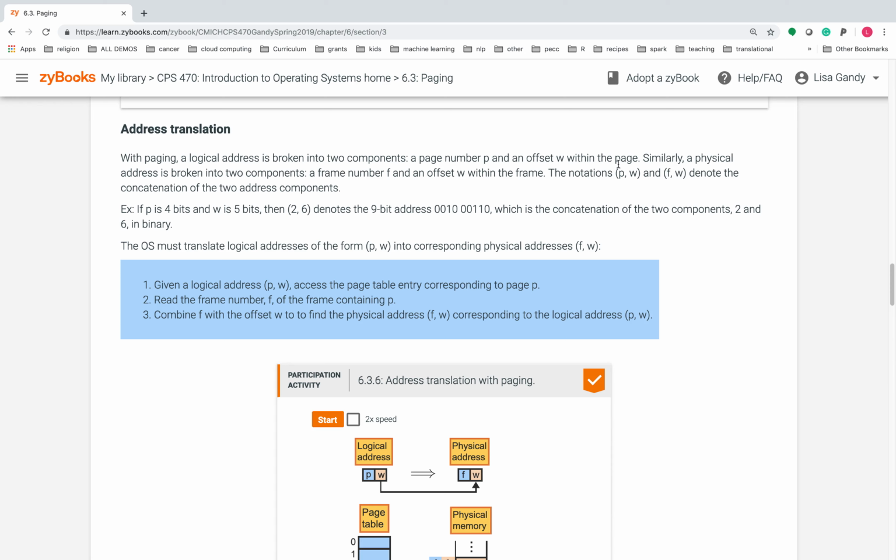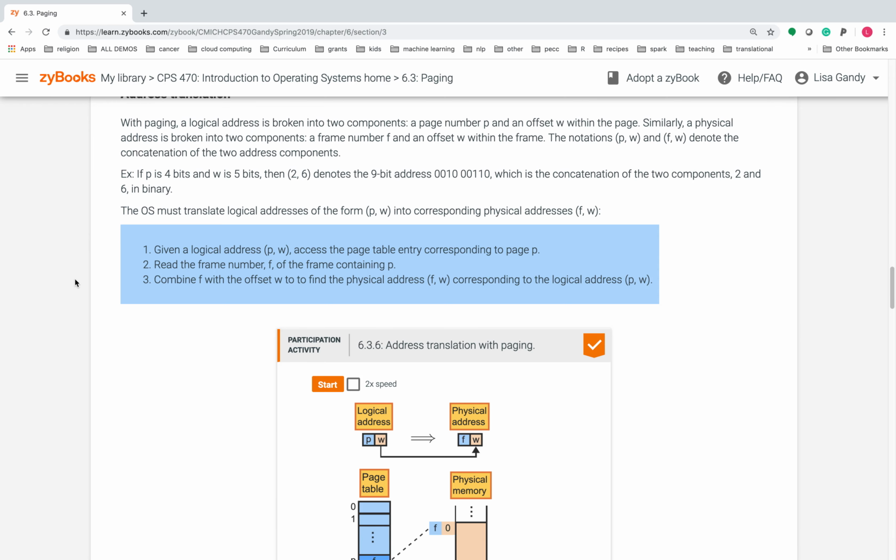And these are the notations, PW and FW. So here they give an example. If P is 4 bits and W is 5 bits, then 2, 6 denotes the 9-bit address, which is the concatenation of the 2 components, 2 and 6 in binary.